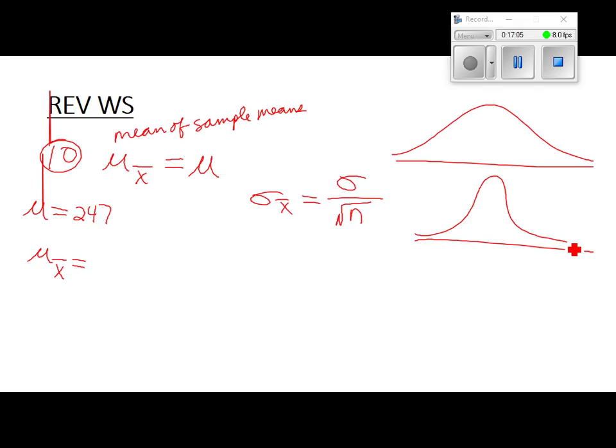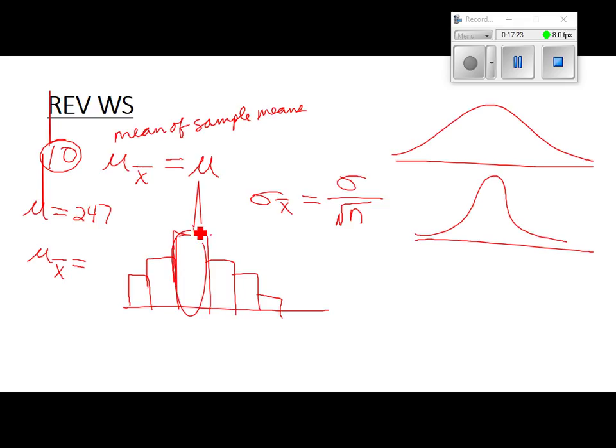Remember, some of the homework dealt with binomial stuff. Remember when we were doing binomial stuff last chapter, what you were actually finding was the area of a certain bar.